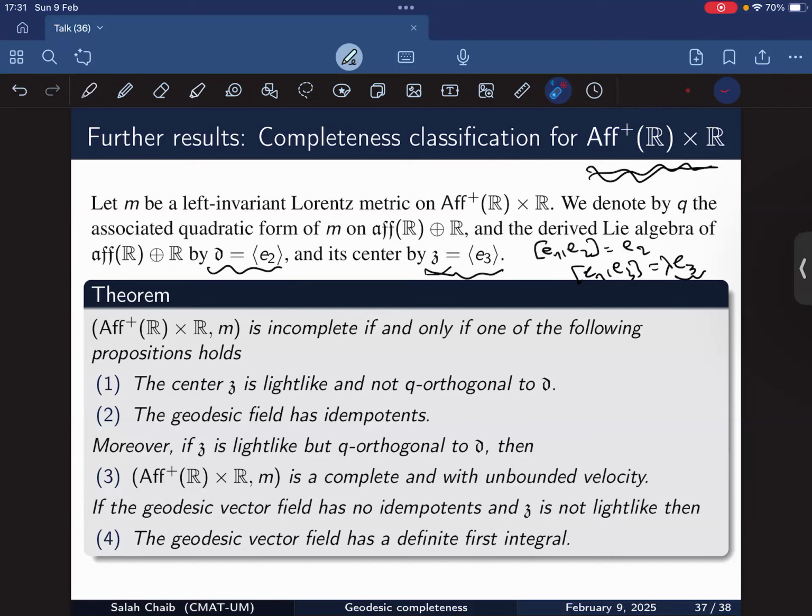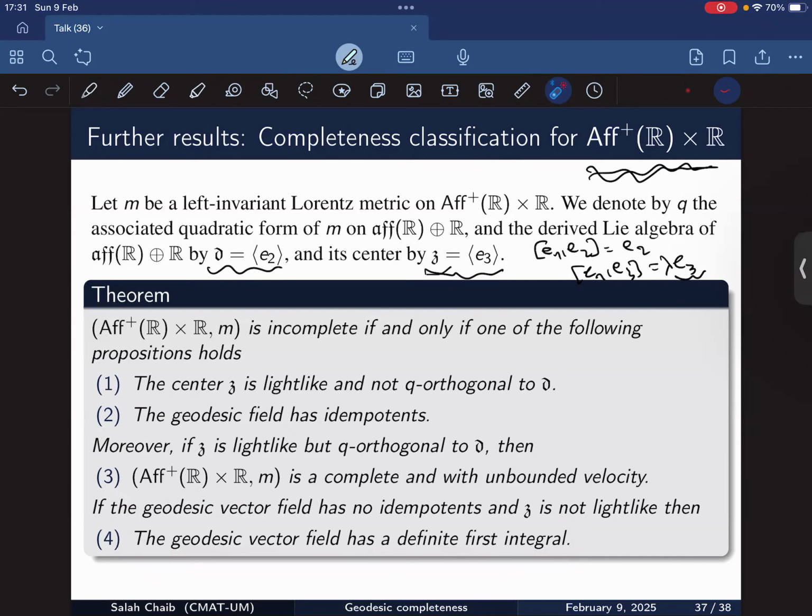And so we can build a quadratic definite first integral, and for this case the geodesic vector field is bounded and obviously complete, and this contains many classes.